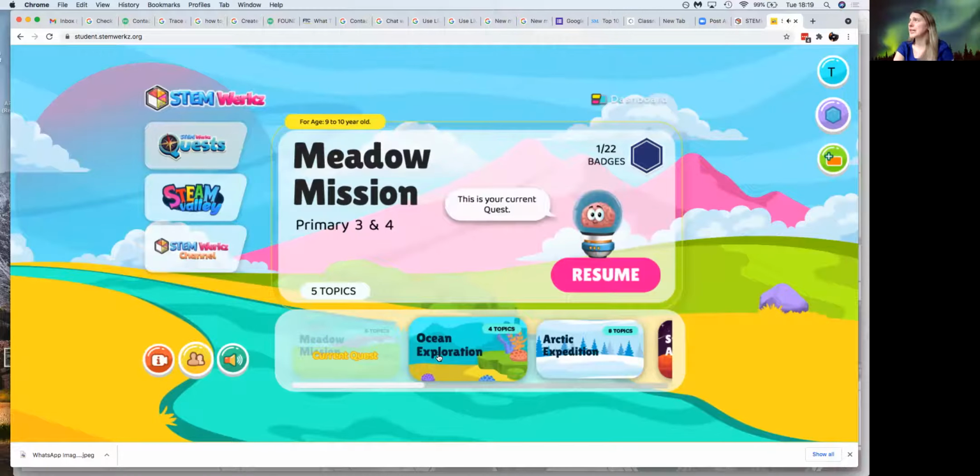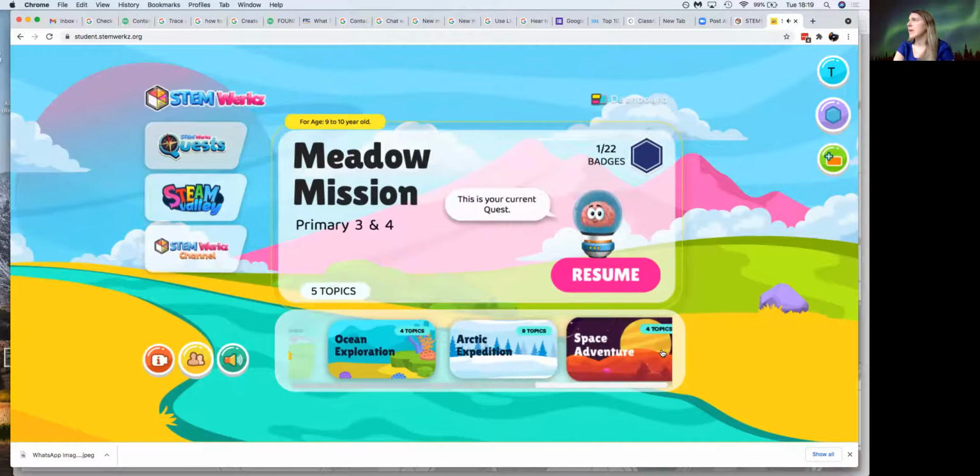And so there's ocean exploration, Arctic expedition, and space adventure. I'm actually already in Meadow Mission because I'm looking at primary 3 and 4. So you can just go back to that and resume where you came off, where you stopped it before.